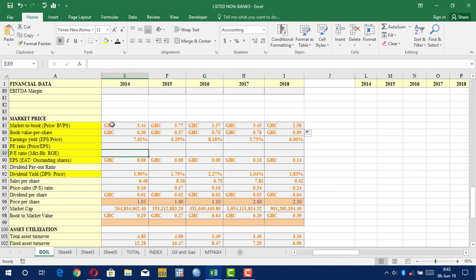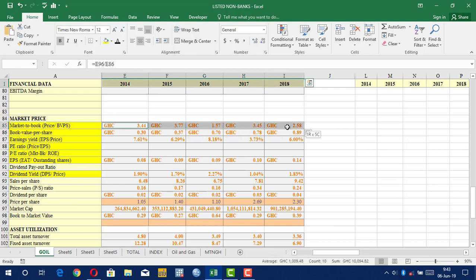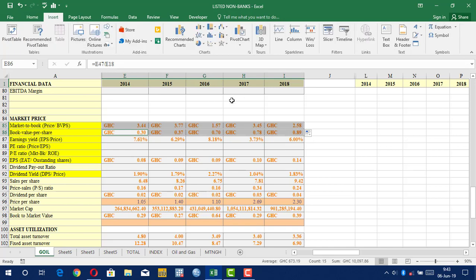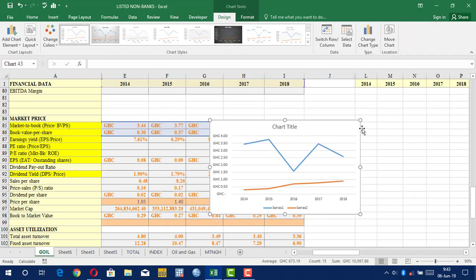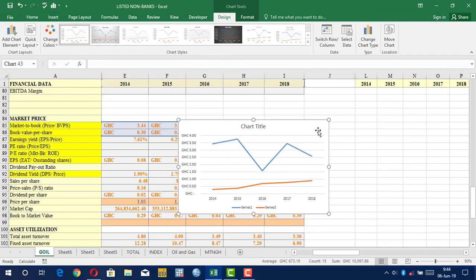Okay, so now let's chart these two and do a proper analysis for them. So insert, you go to chart. Good. All right, so let's see what we have here.